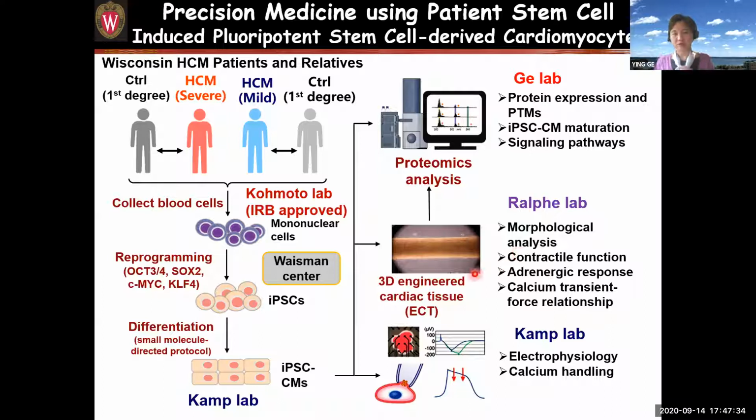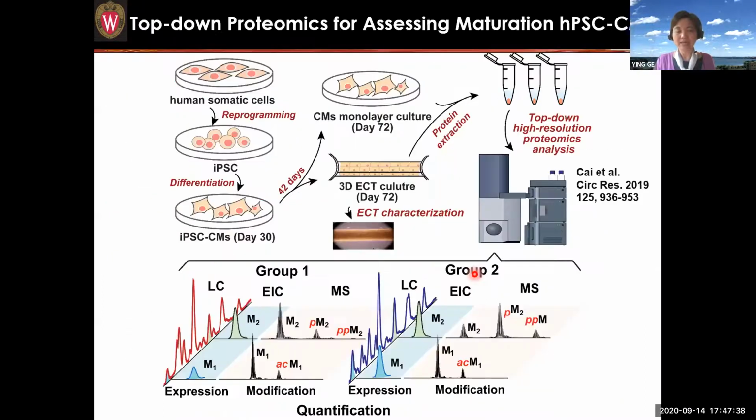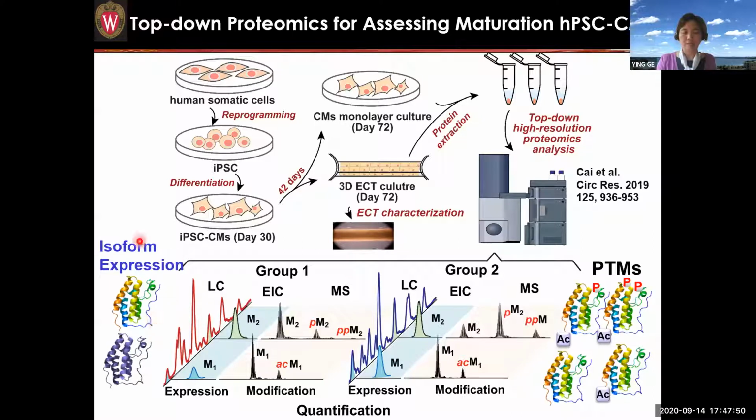And we can do these 3D engineered cardiac tissues. So we can grow those cells into 2D culture or 3D engineered cardiac tissue to study proteins at the protein expression level and also the PTM level.